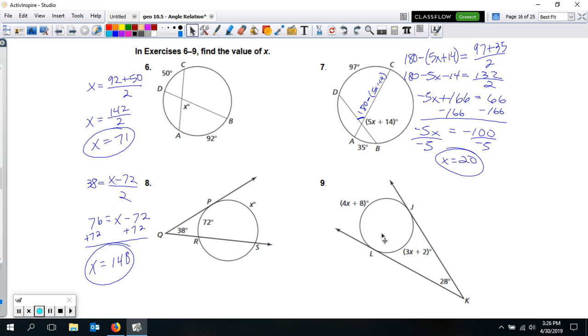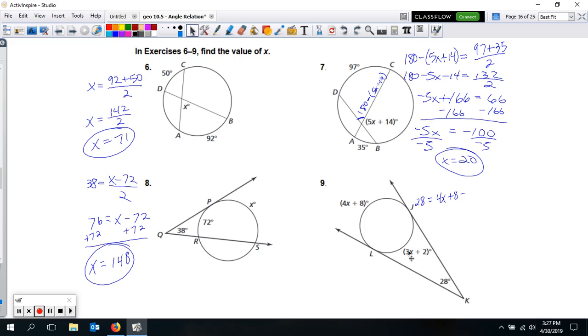And then number 9, here we have some bigger expressions. So it's going to make a bigger equation for us, but it's the same idea. 28 is the angle measure, so 28 will equal this one on the outside minus this one on the inside, divided by 2. So let's start writing that out. Starting out with the angle measure, 28 equals the bigger one, 4x plus 8, minus this one here.